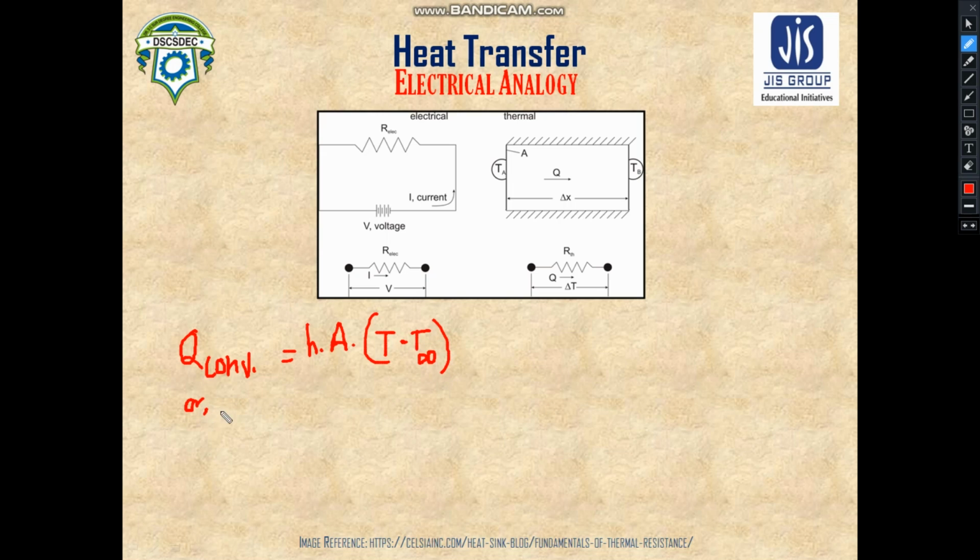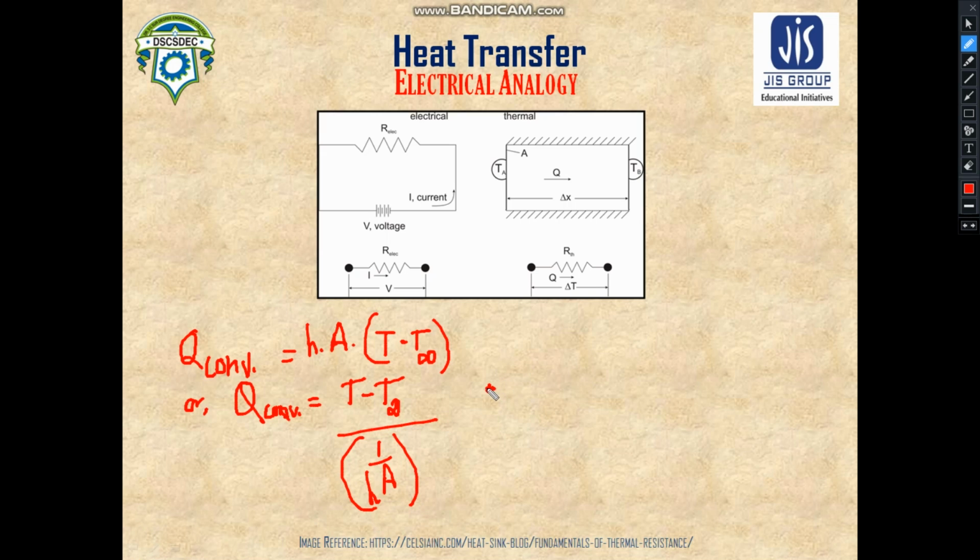You can write Q convection as T minus T infinite divided by 1 by H. So this is your convective thermal resistance, and the previous one which I had shown you would be called conductive thermal resistance.